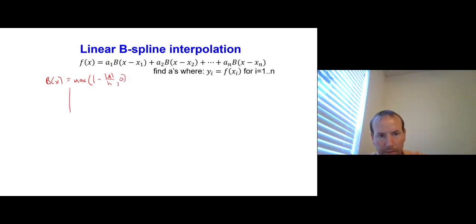And so if you plot this, it's a pyramid-like function that goes from minus h to h, with a peak of 1. So that's what B(x) looks like, where h is our step size.